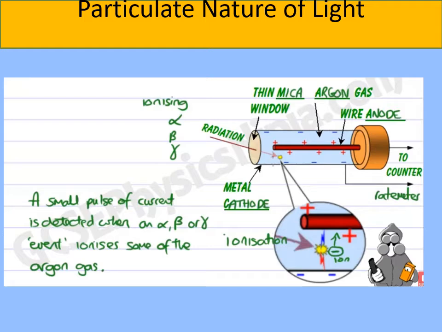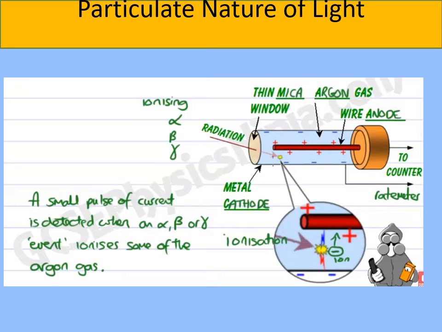But gamma rays are part of the electromagnetic spectrum. They belong to the same family of waves as visible light, radio waves and X-rays and so on. So here we have waves giving individual clicks which are essentially indistinguishable from the clicks given by alpha and beta particles.